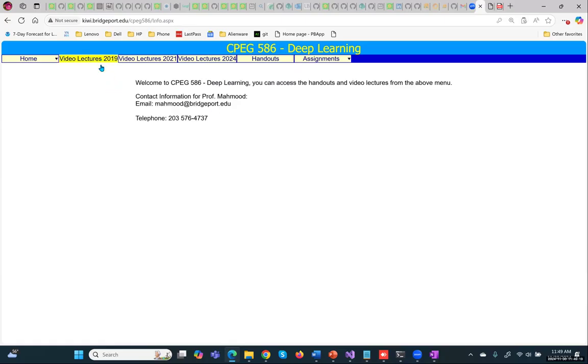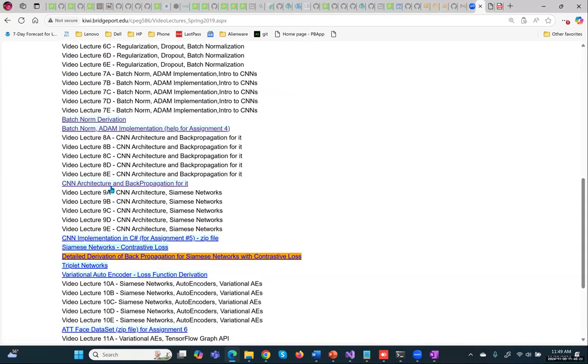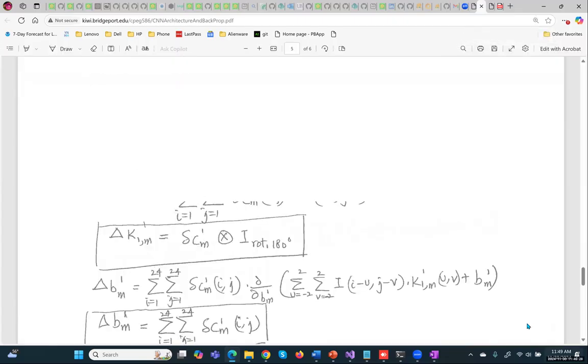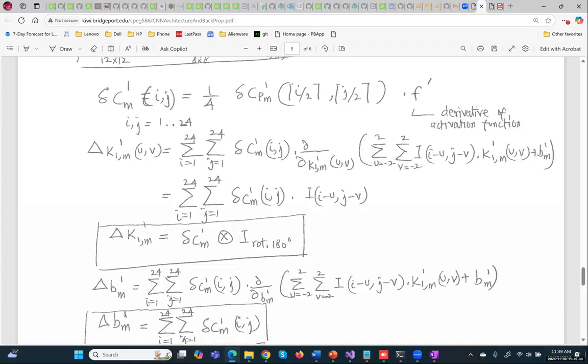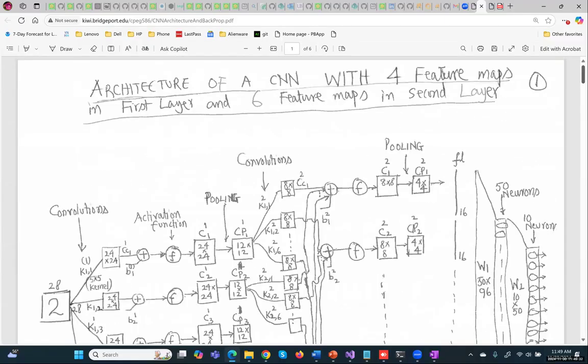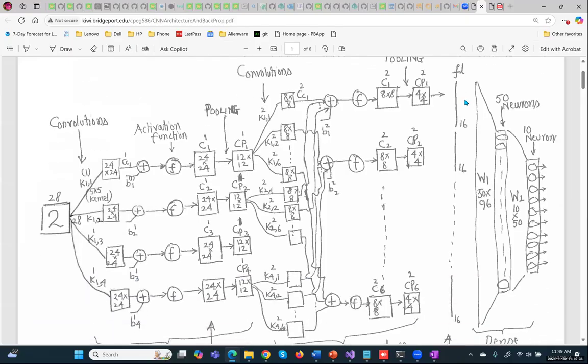Okay, so if I show you the CNN architecture and backpropagation for it, first let's try to understand the architecture, and then I will go over a little bit of the math to show how it learns so that we can understand the limitations nicely.